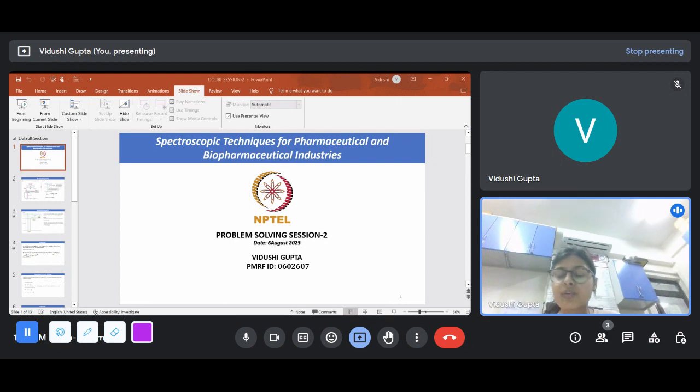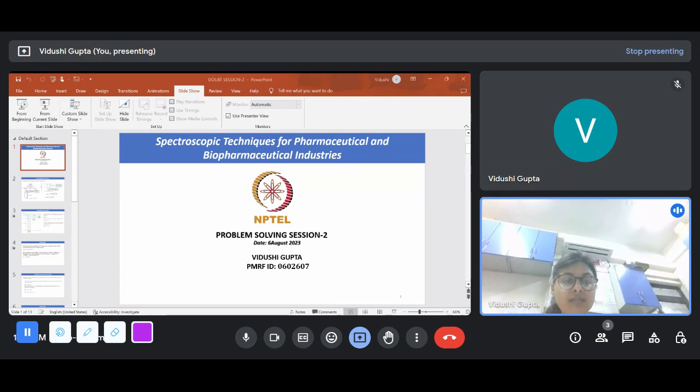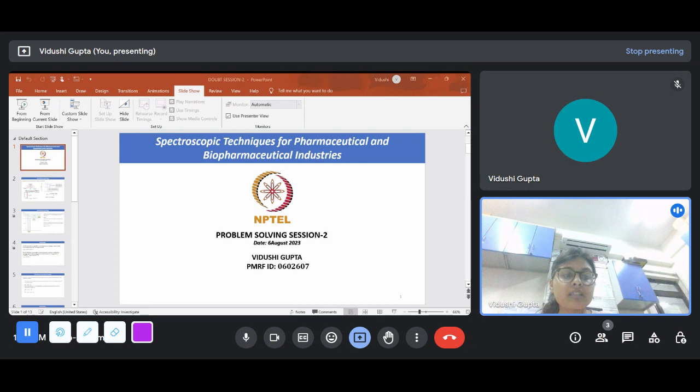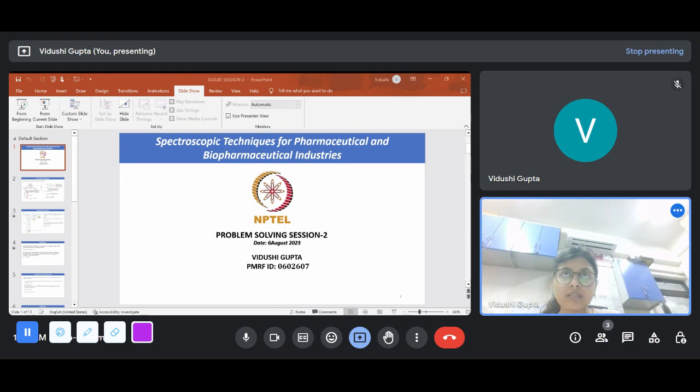Moving to the third question, find the wavelength of radiation emitted from hydrogen atom when the electron jumps from third orbit to the second orbit. And the value of R is given as 1.097 into 10 raised to the 7 meter inverse. So how can we calculate the wavelength of radiation emitted here?